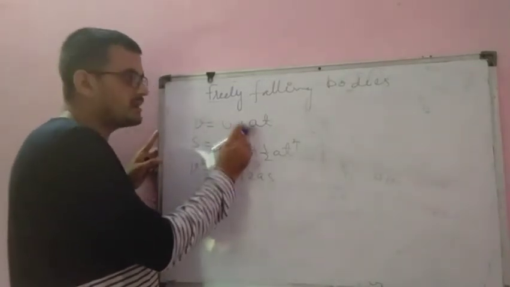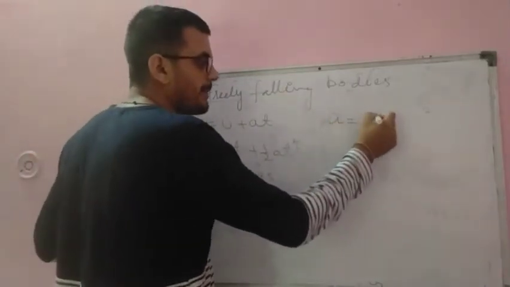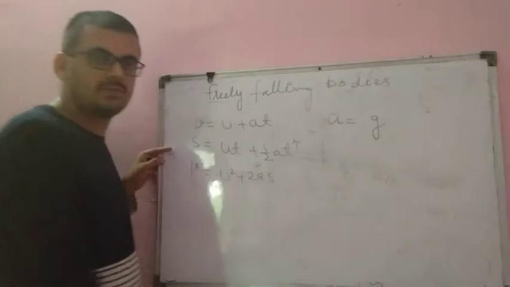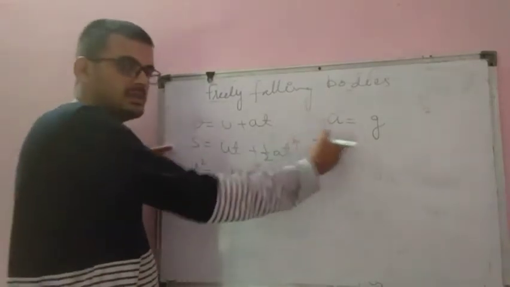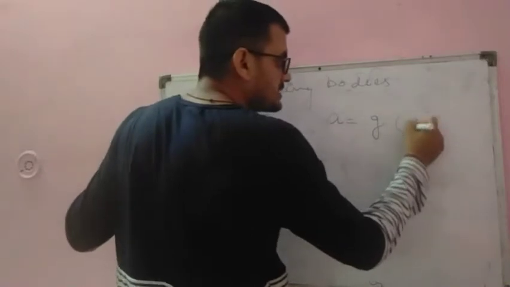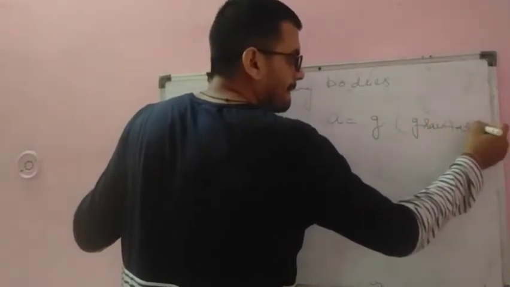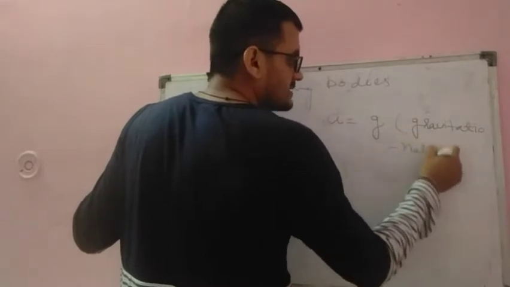Under free fall, this acceleration will be replaced by g. We have to replace this acceleration by gravitational acceleration. What is the small g? Gravitational acceleration.